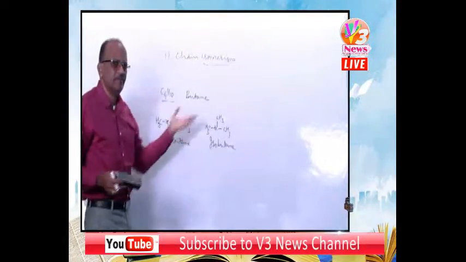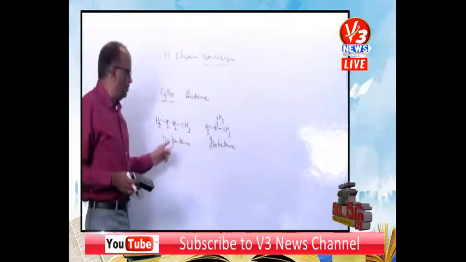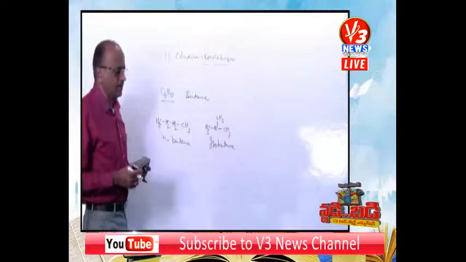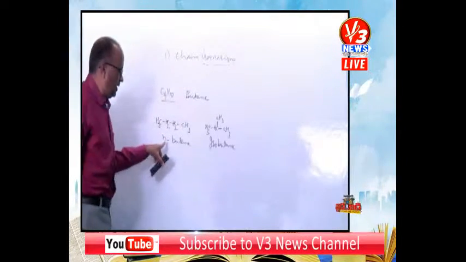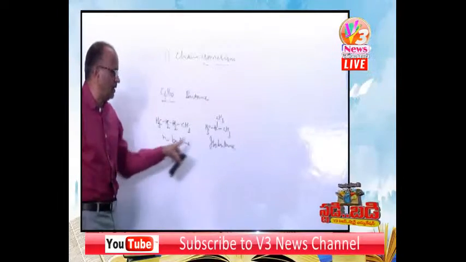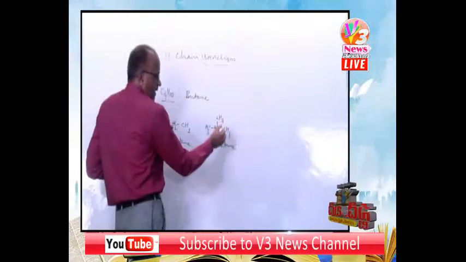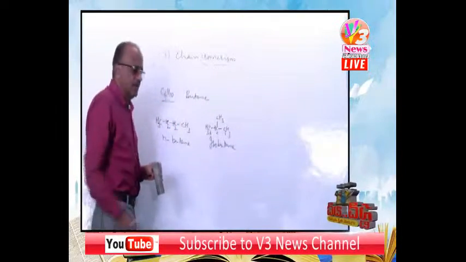So for butane there are 2 chain isomers, n-butane and isobutane. And you know what is the IUPAC name of this one? In IUPAC naming system we should not use this n, simply it is butane, whereas IUPAC name of this one is 2-methylpropane.